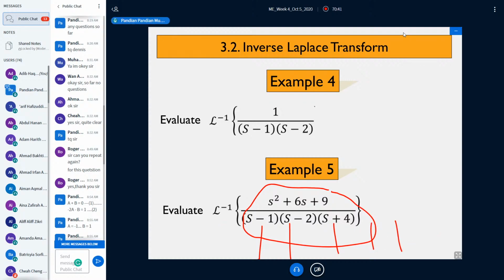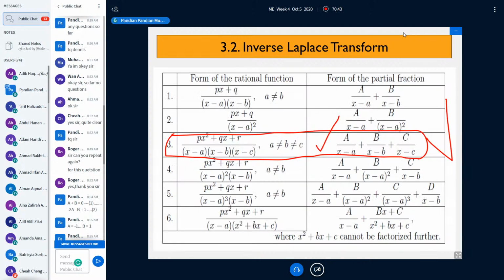If 5, you still have to select from here, because this is only 3. But you may have more than 3. That doesn't mean that it is not the same as 3. No, it is the same.